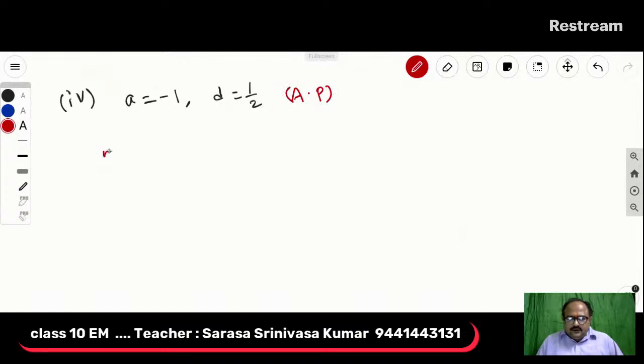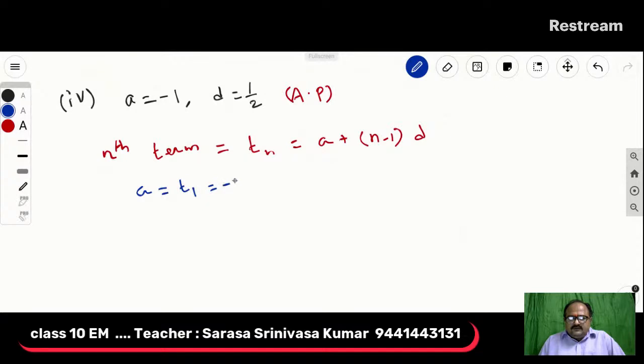Therefore, nth term Tn equal to a plus n minus 1 multiplied by d. Now a equal to T1, that is equal to minus 1, it is given.